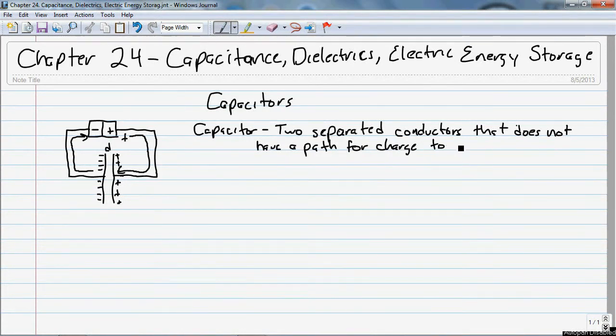Charge to flow, or we can say move. So there's this disconnect in between.